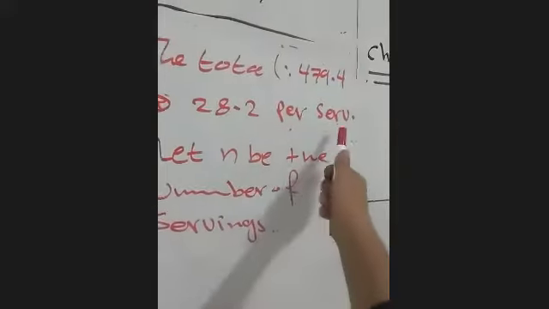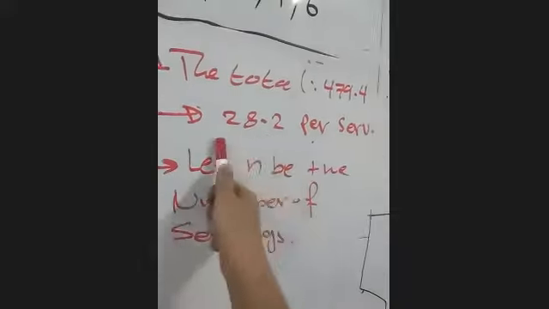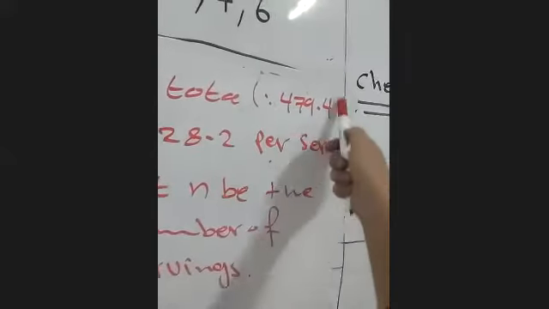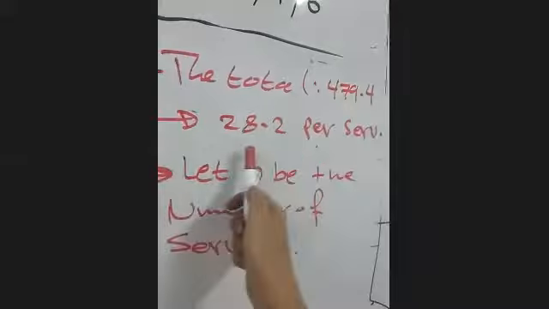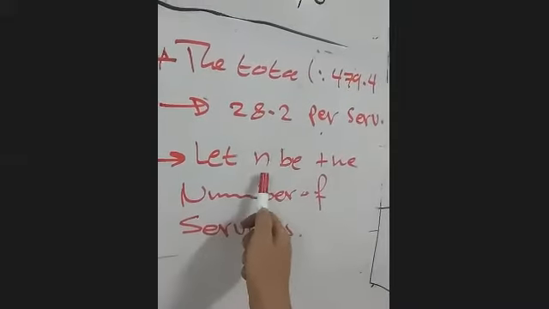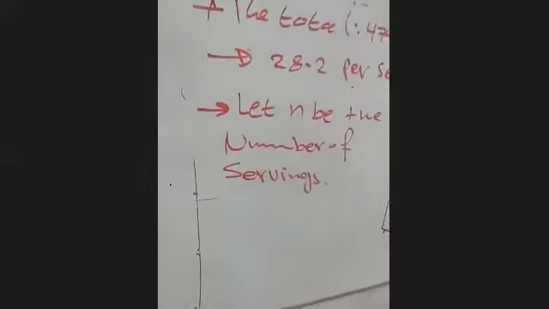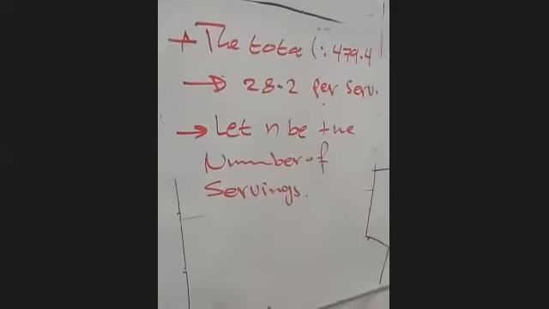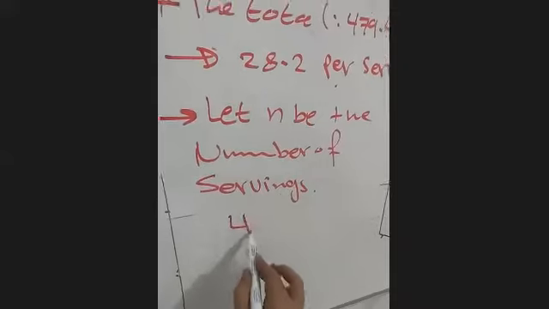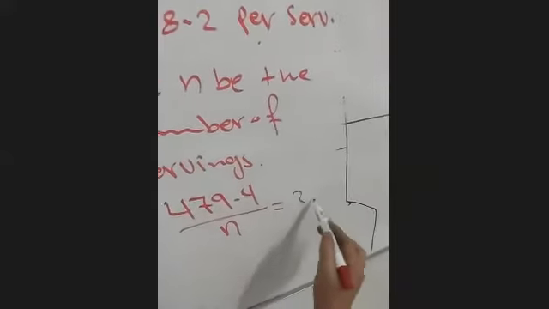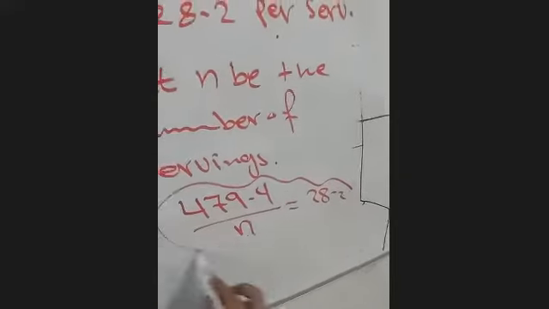Now, it is the same as the question. In each serving, she eats 28.2, right? This is the total number of cereal. This is per one serving, and we need to know the number of servings. There it was the number of days. Got it? Yes. So tell me the equation now. 479.4 over n equals 28.2.